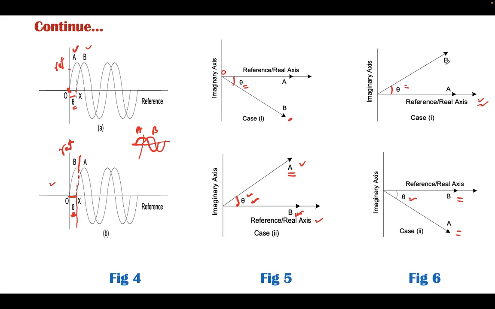Here we can say B leads the A quantity by an angle of theta, or A lags the B quantity by an angle of theta. This is the case when A leads the quantity B by an angle of theta, whereas in the other, A lags the quantity B by an angle of theta.